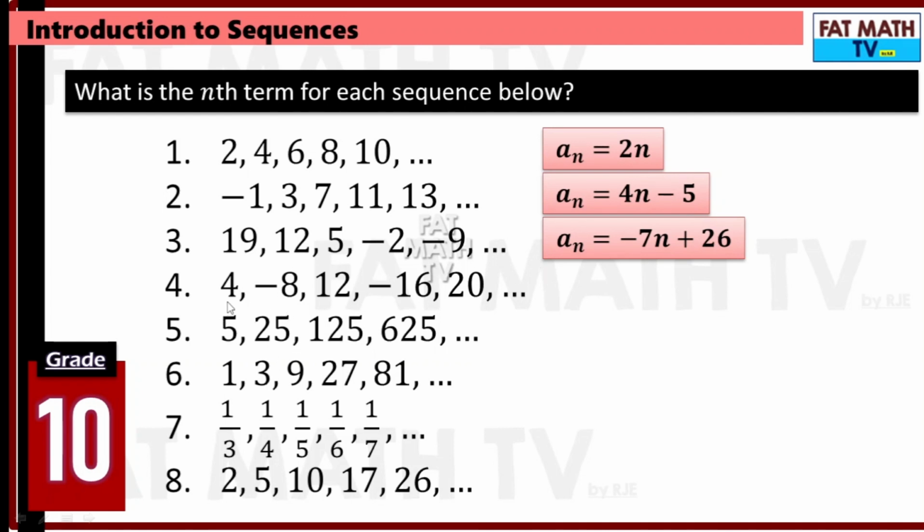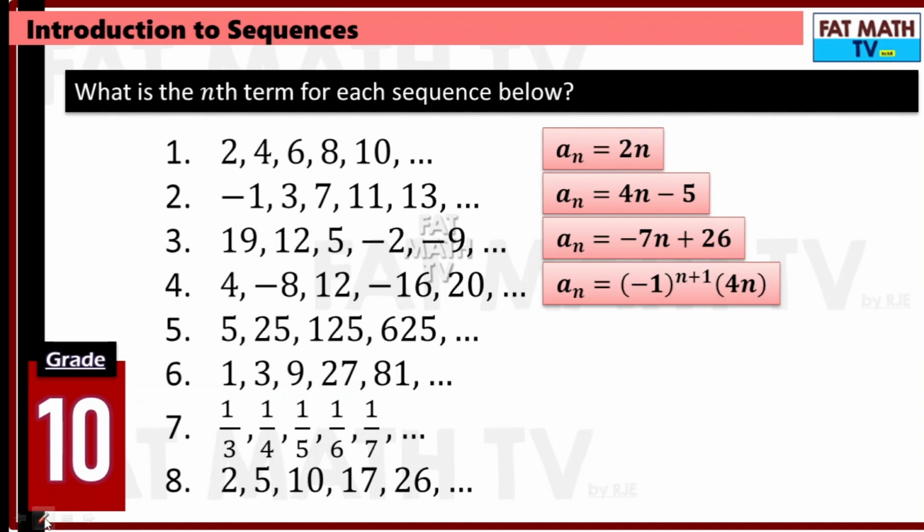How about number 4? 4, -8, 12, -16, 20. It's just like times 4, so it has to be 4n, but then the sign changes. So what you're going to do is multiply by a power of -1. There must be a 4n, and so that the signs alternate and the first term is positive, you must have a multiple that is (-1) raised to n plus 1.